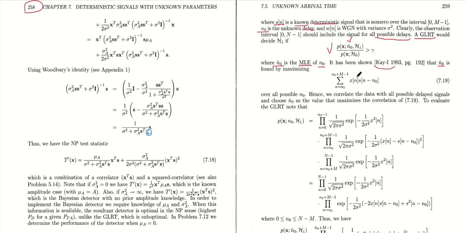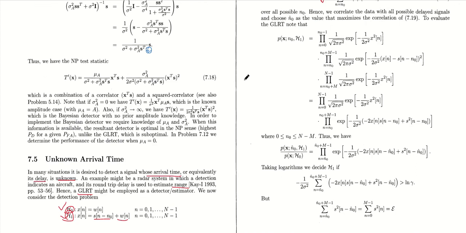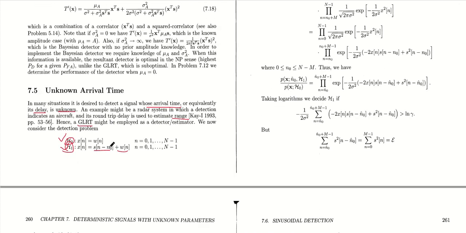It has been shown, in another textbook, that N0 hat is found by maximizing this. How does it come from? It comes from writing p of x conditional on N0, with N0 unknown, into a likelihood ratio and then maximizing it.